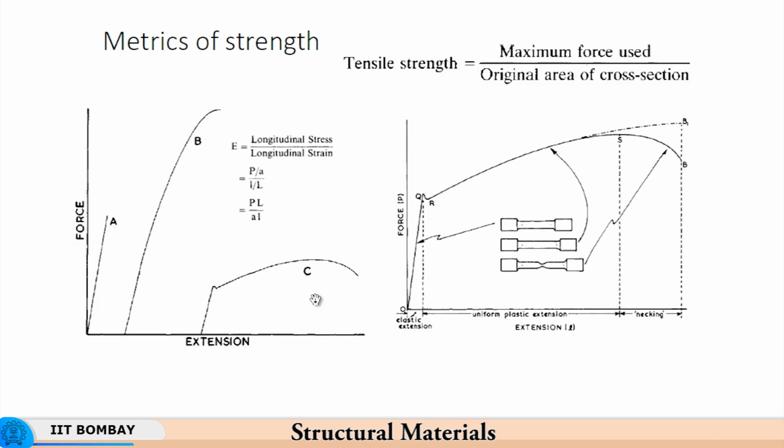Whereas, material B again has a different structure. So, it has a very small amount of plastic strain that is possible. So, it has extremely small toughness. So, again it will undergo not exactly brittle failure, but the features will be very close to brittle. Very small amount of energy will be absorbed in plastic deformation.